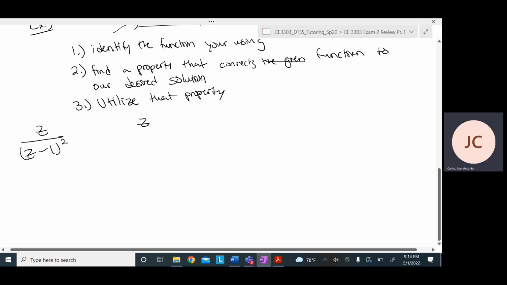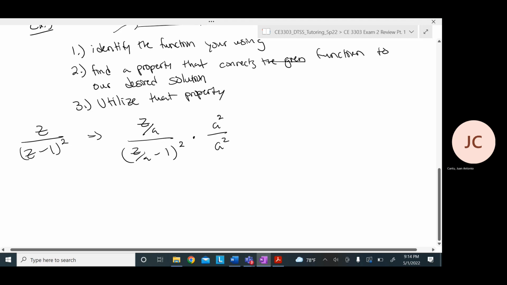So if we do that, we get z over a over z over a minus 1 squared. Okay, and to simplify that, we'll simply multiply by a squared over a squared and we will get z times a.